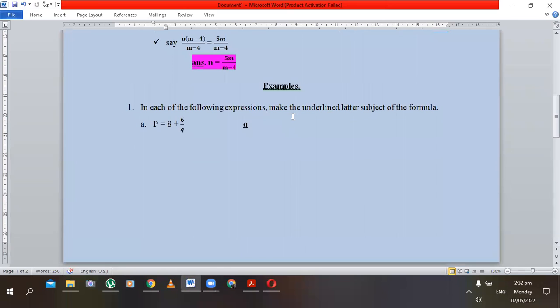So the question says, in each of the following expressions, make the underlined letter subject of the formula. Maybe let me change the question: in each of the following expressions, make the underlined letters subject of the formulae, because we have more than one letter which is underlined.